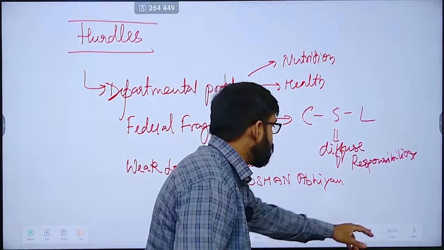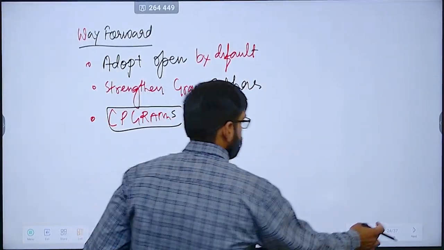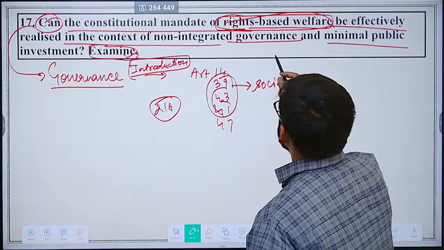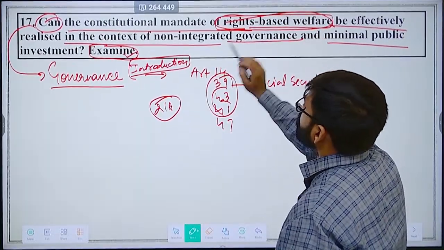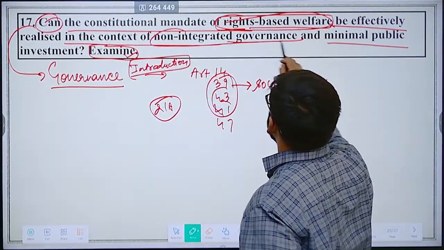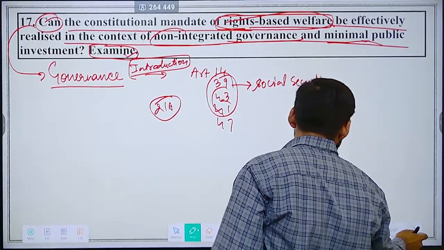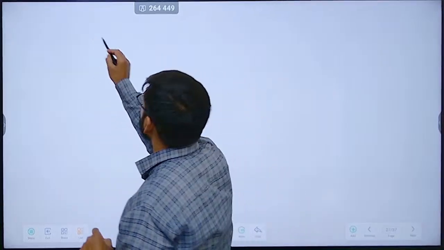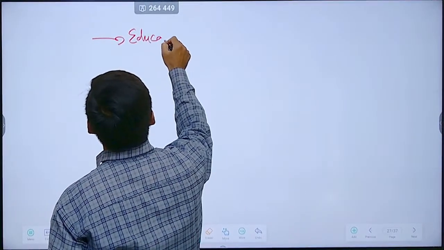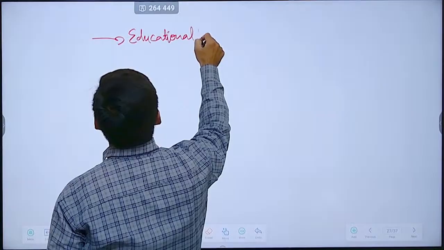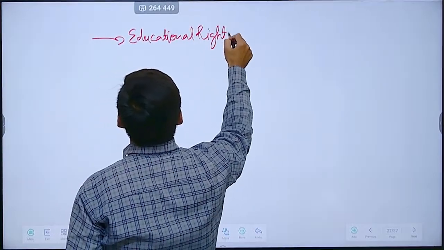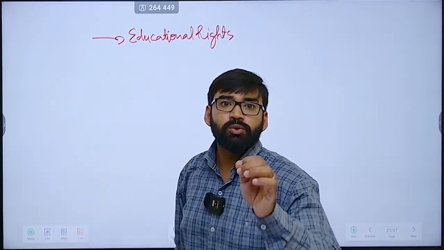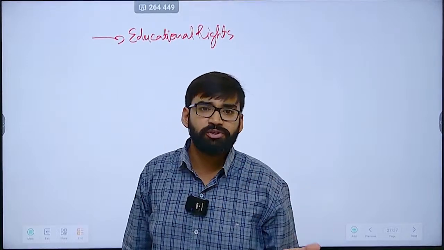Because the question is also about the context of non-integrated governance and minimal public investment. Yes, minimal public investment. With respect to this, you can mention educational rights, which basically require teachers, schools and digital infrastructure, which is not sufficient.